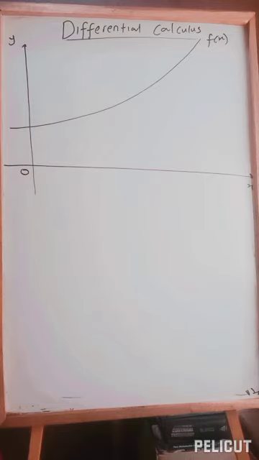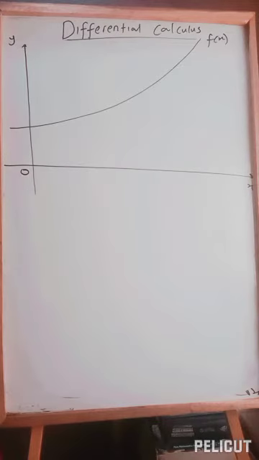So we need to obtain the slope of this curve, but we know this curve is not a straight line, and we can't use the formula y2 minus y1 divided by x2 minus x1 to find the slope. So how do we find the slope of this function?